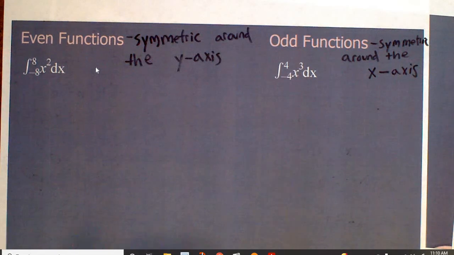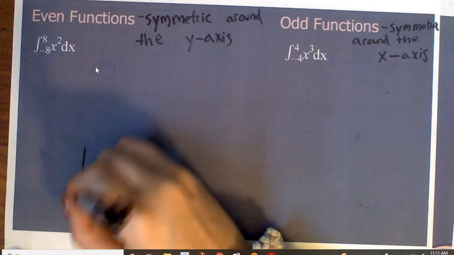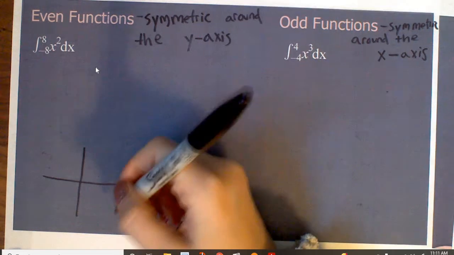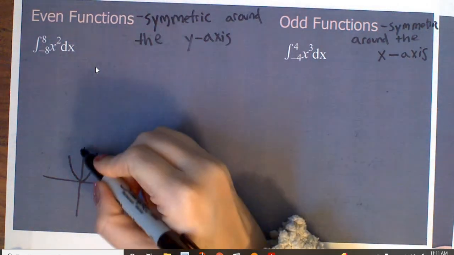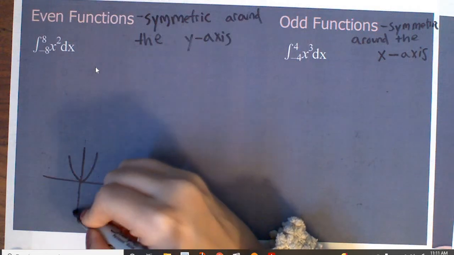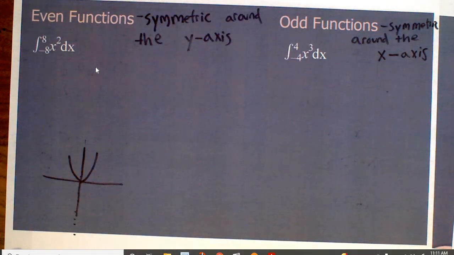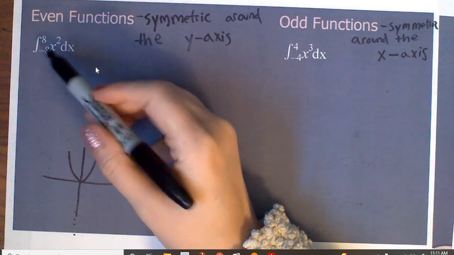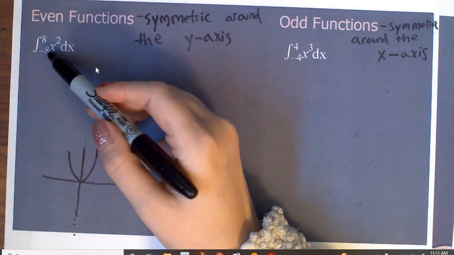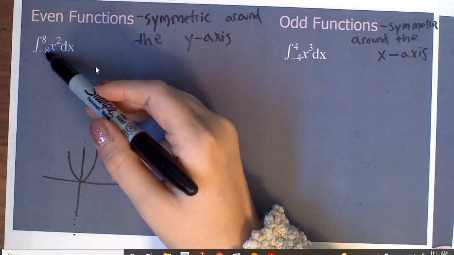So remember that when I'm looking at these, if I looked at the graph of x squared, we get a U-type shape because it's going to be a mirror over this y-axis line.